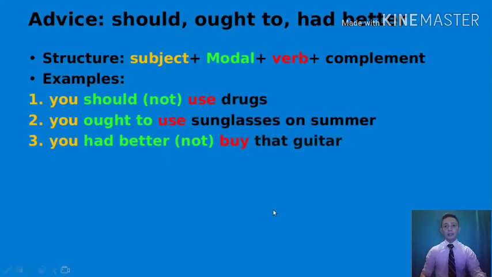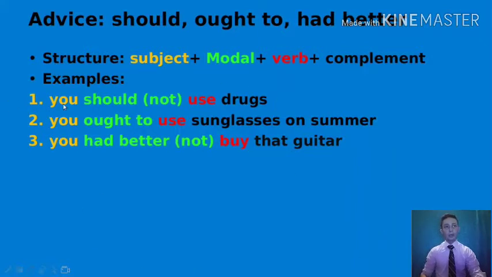Now let's see how to express advice using the following modals: should, ought to, and had better. The structure is the following: subject plus modal plus verb plus complement. And we have 3 examples.